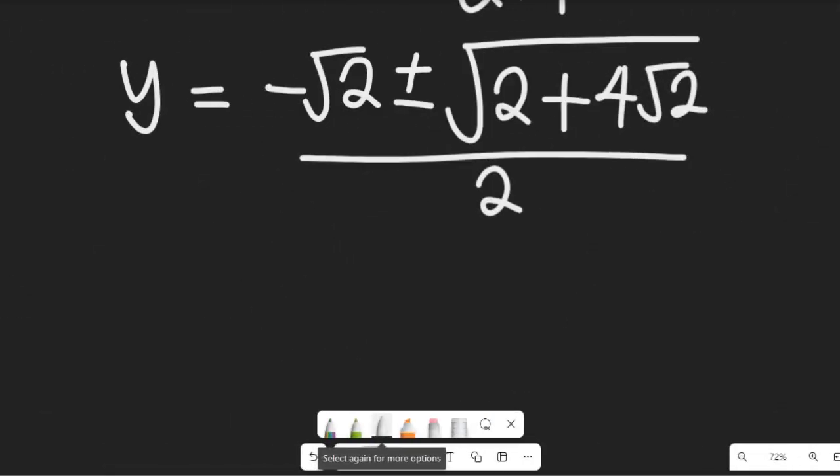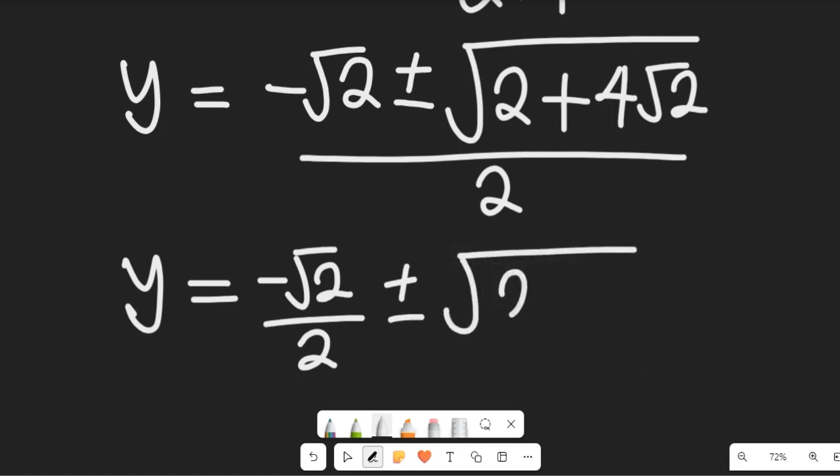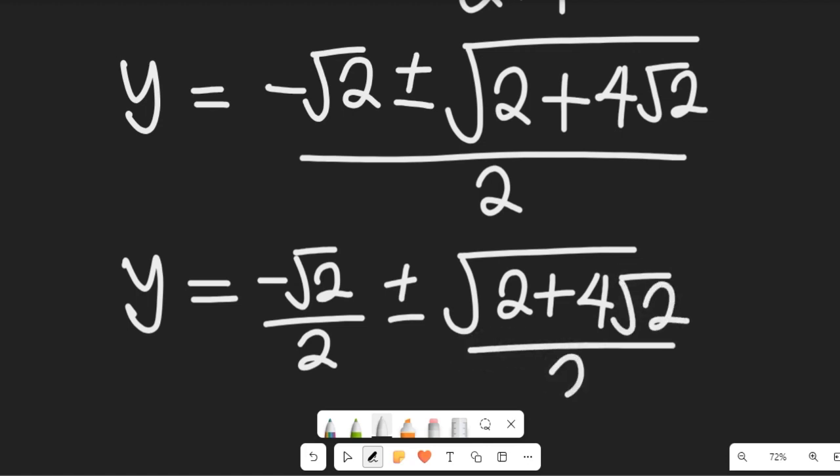So this expression is going to give us y equal to negative square root of 2 divided by 2, plus or minus square root of 2 plus 4 root 2, divided by 2.